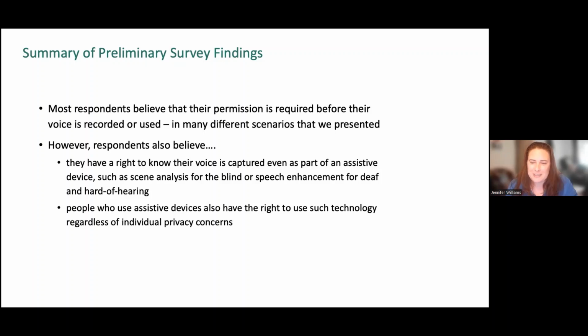So this is our first contradiction in our survey. So people have kind of differing views. They think they need to know when their voice is captured and under what circumstances. But then they also believe that others have the right to use assistive technology. We see that strong correlation start to diminish when we look outside of assistive devices, and I'll have more information on the analysis once we've completed this project.